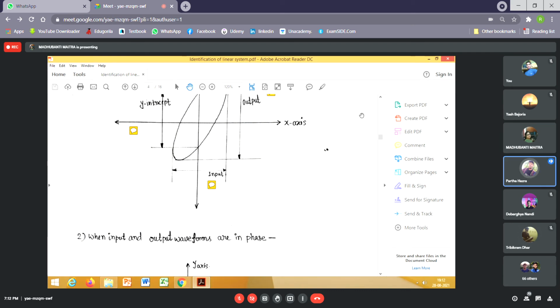Okay. For 50K, the value of 2C is 1.1 and the value of 2B is 1.2.